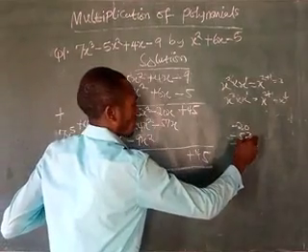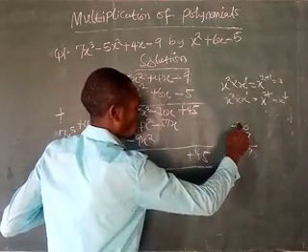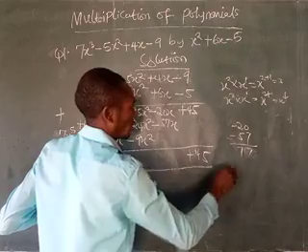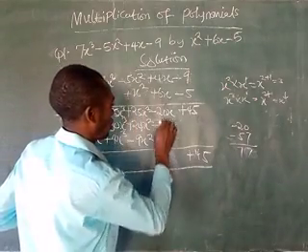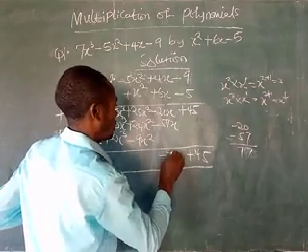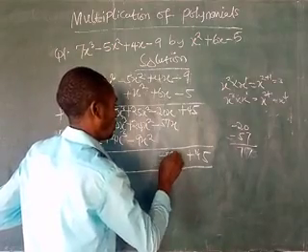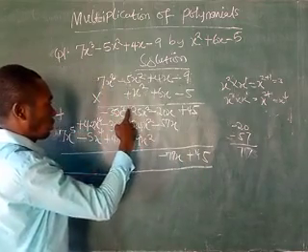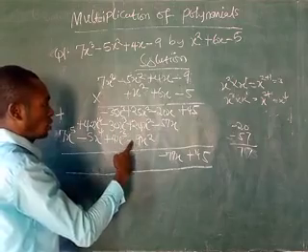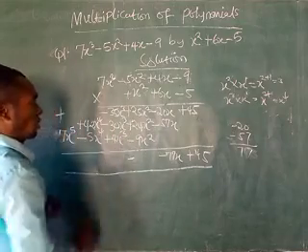So 0 plus 7 is 7, 2 plus 5 is 7. So we have minus 77x. Now we come back to this, minus plus plus minus, we're going to have minus.